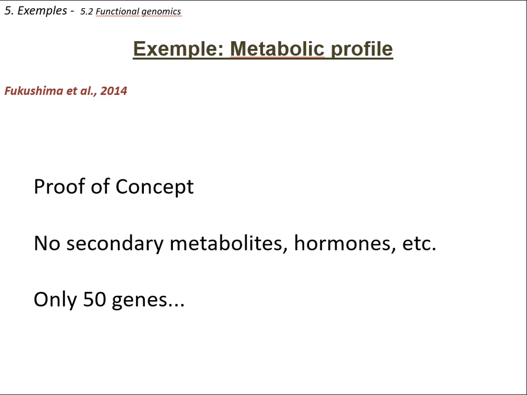But this kind of work could, in the near future, in a few decades maybe, give rise to databases that we could look for to understand the function of the genes with unknown functions. Because you would have the macroscopic phenotype and the metabolic phenotype, and you can make very educated hypotheses about the function of the genes that are investigated.